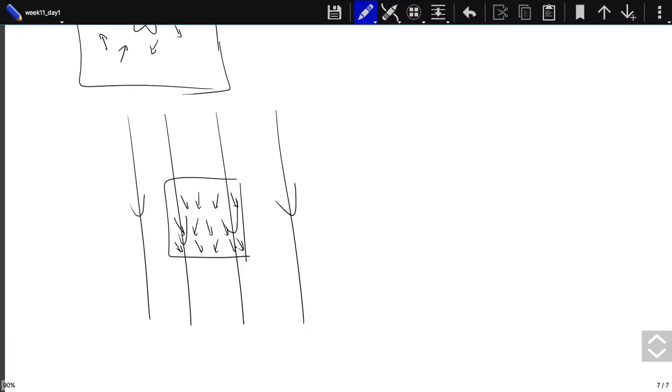Now, each one of these magnetic dipoles creates a magnetic field along the dipole. We had seen that if you have a magnetic dipole, this is a mu, it creates a magnetic field like this.